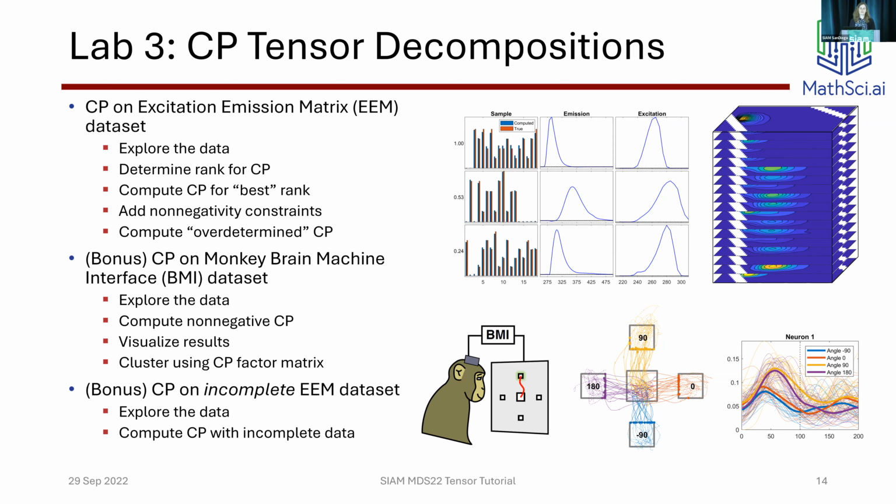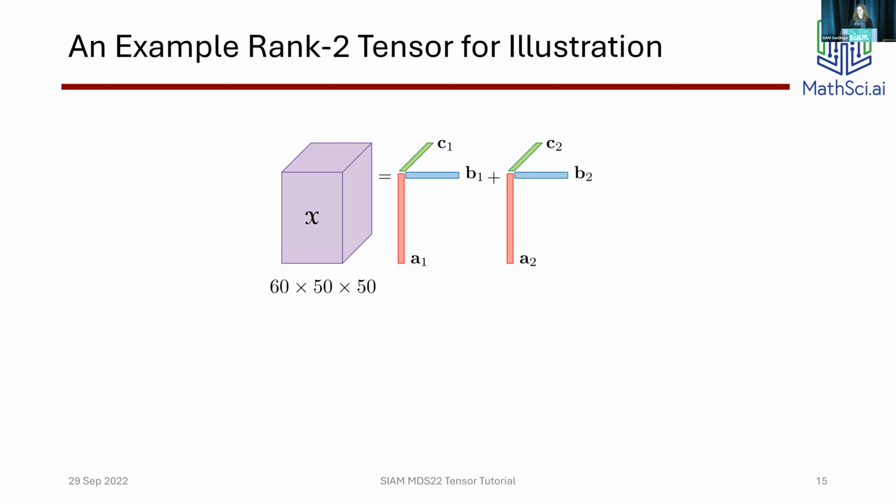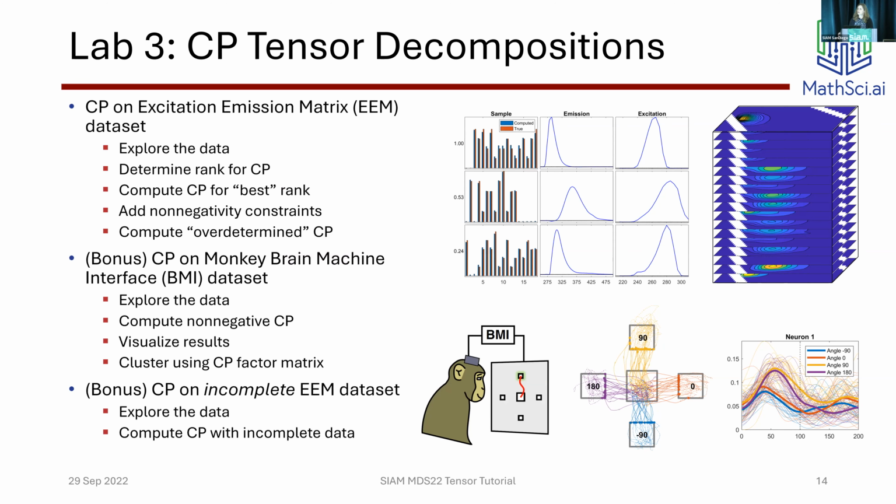There is some extra slides on there that try to visualize CP and give you a sense of what it does. And the only other thing I'll say that I didn't say from those slides is that one of the neat things about CP compared to matrix factorization is that under very mild circumstances, like the factor matrices being full rank, you have a unique decomposition.